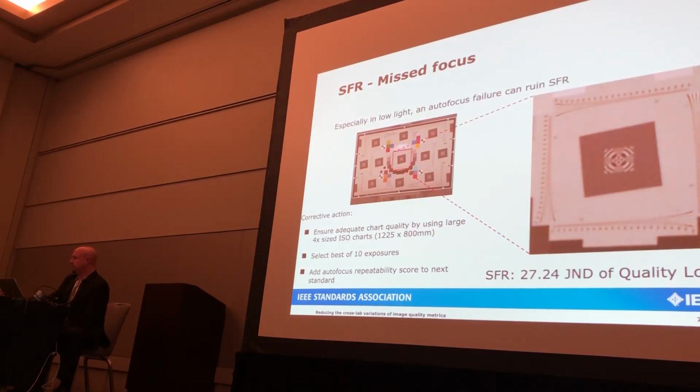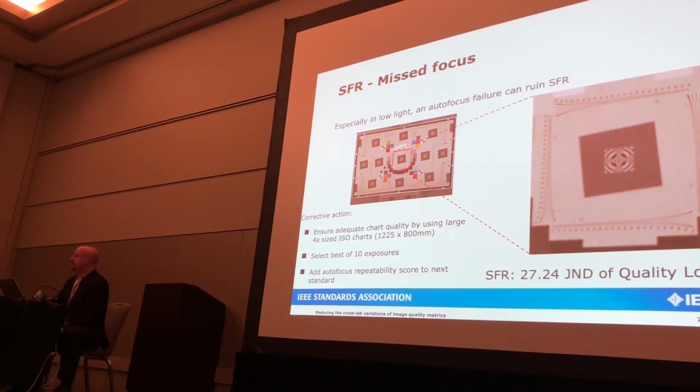For SFR sharpness tests, in the first study, some devices randomly failed to achieve focus on our resolution target. This especially happened in low light. To address this, we decided to capture 10 exposures, refocusing between each exposure to ensure that we got at least one sharp image.